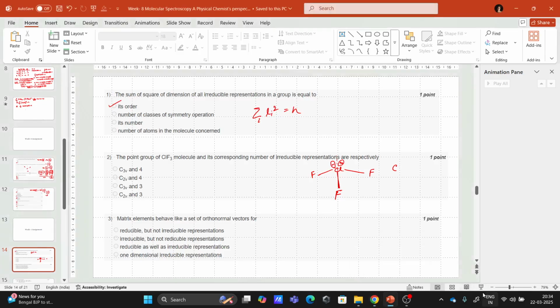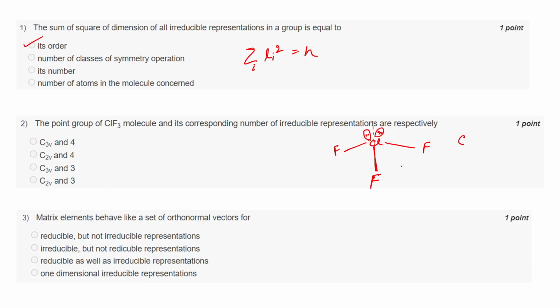So let us come back here. What do we have? If I draw it in their fashion, F, F, then we have basically two lone pairs. So it has E, C2, and sigma v.